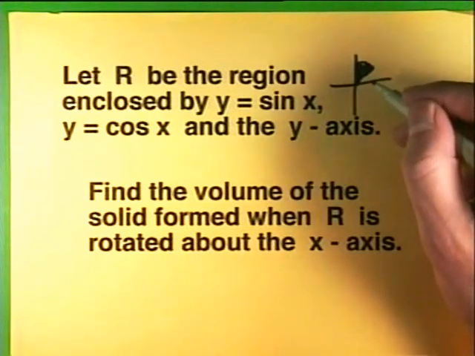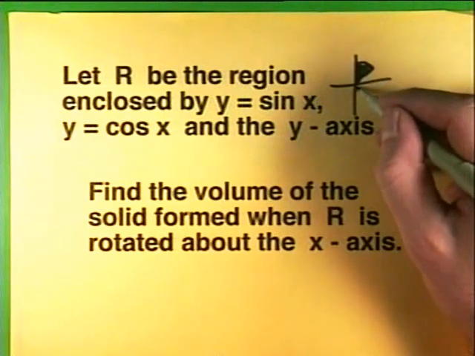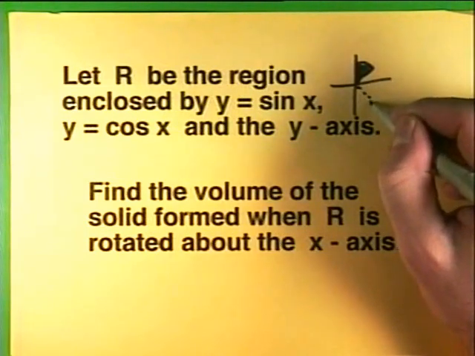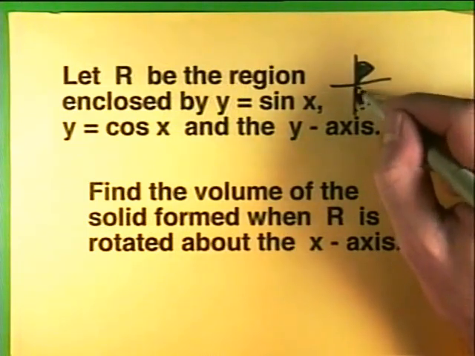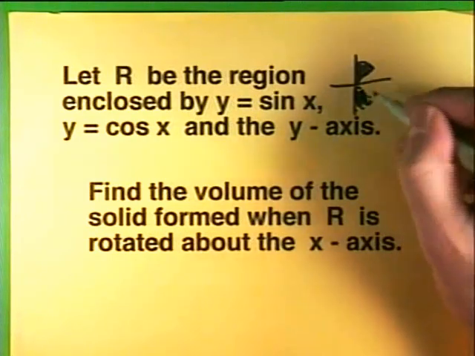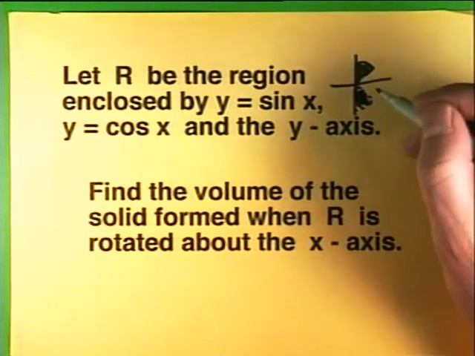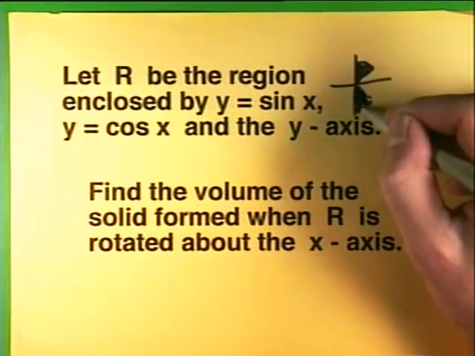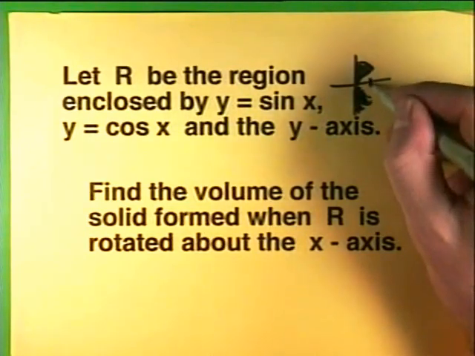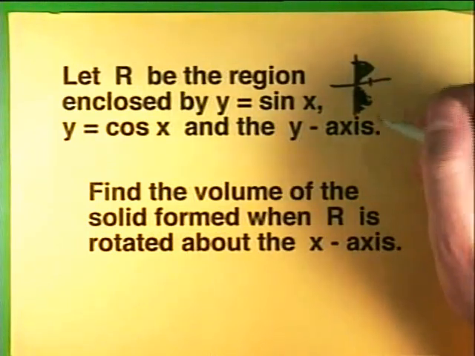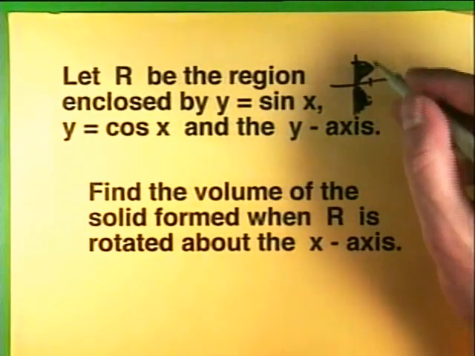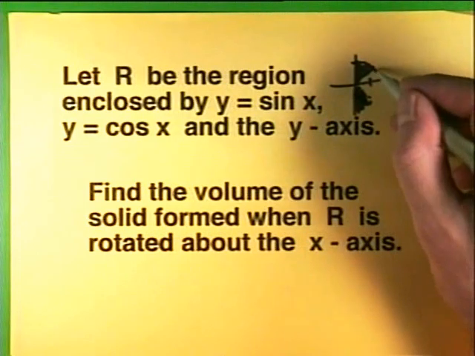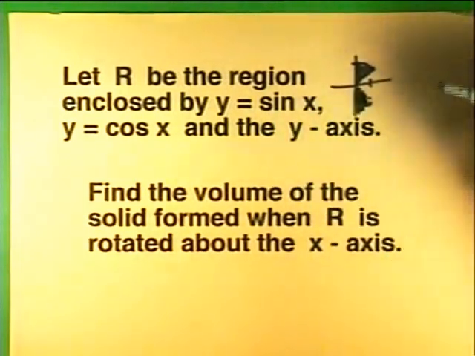We're going to rotate it about the x-axis, so it'll look something like this, and it's going to make some washers. Now, let me ask you a question here, Mr. Wright. If we're rotating about the x-axis, are we going to use the x points or the y points? We're going to use the x points. Now, where is the point of intersection between cosine and sine?